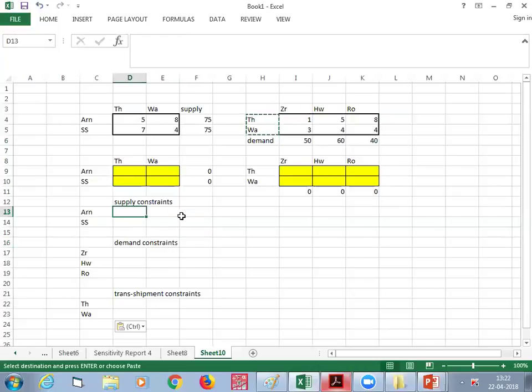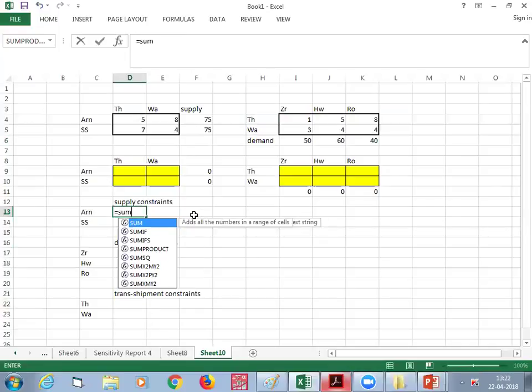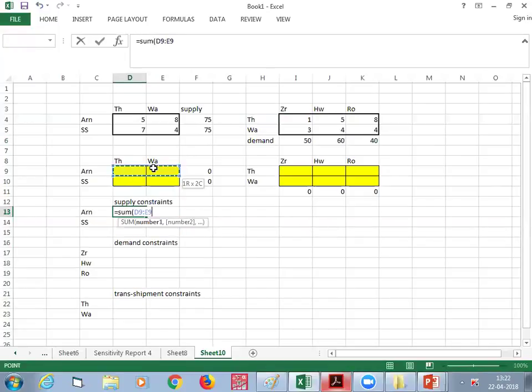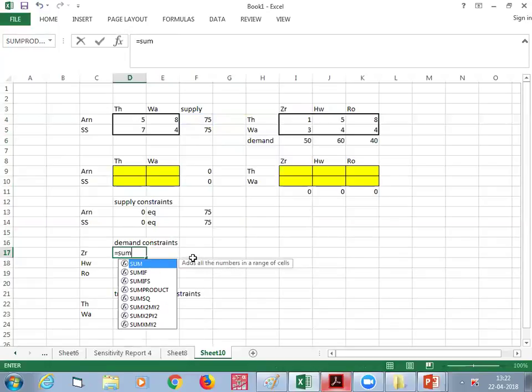Okay, so now supply constraints are that the row totals here should be equal to the supply available there. So just copy this, or otherwise I'll just put this here. Okay, so equal to 75, 75. Then demand constraints are column sums.